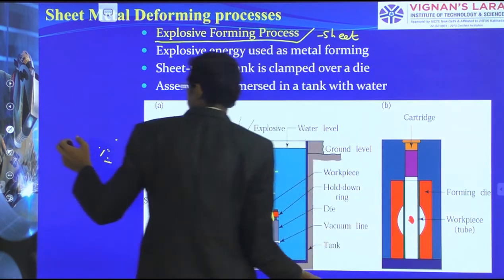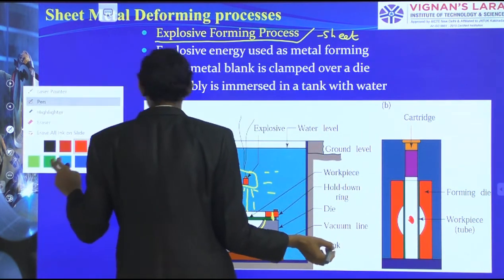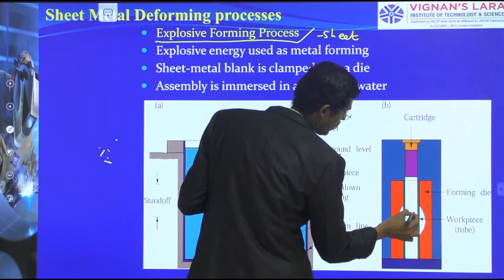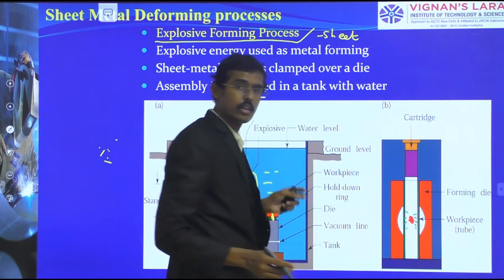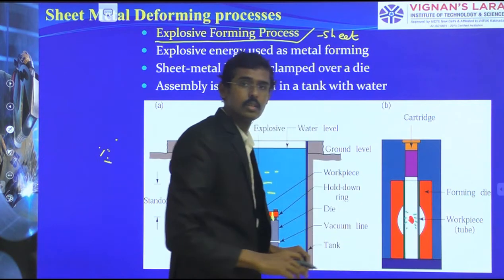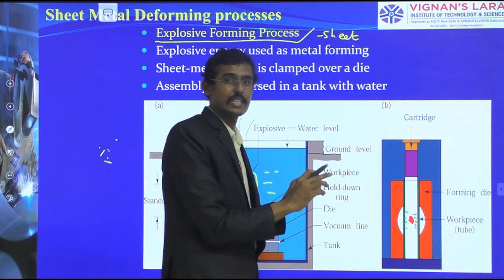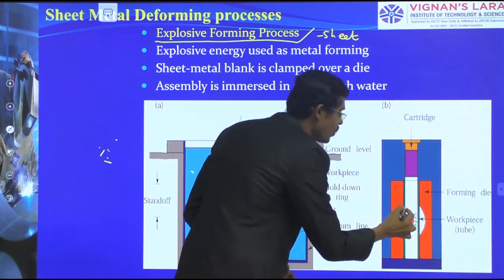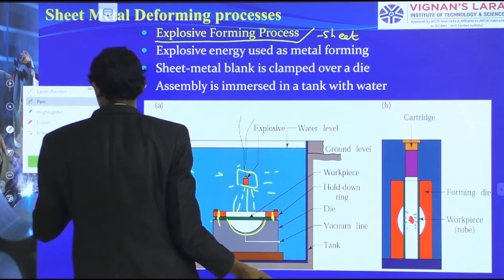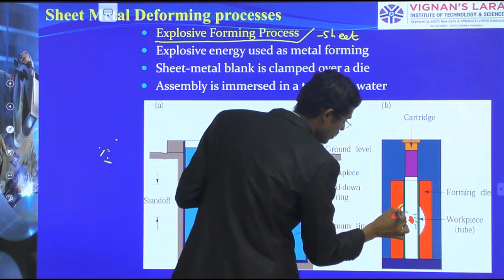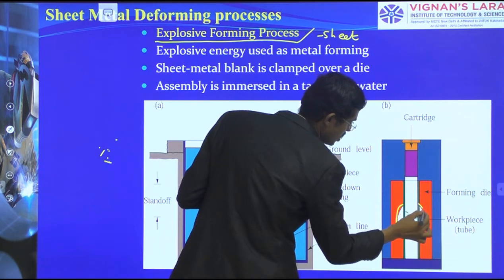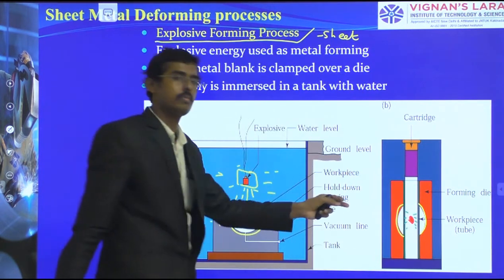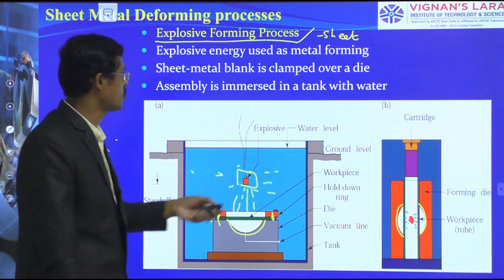It is going to give the impact over here. Therefore, it pushes the workpiece, the sheet which is less than 6 mm, and it punches over there, and then we are able to generate the forming operation. So it will go like this. Such possibilities are there.